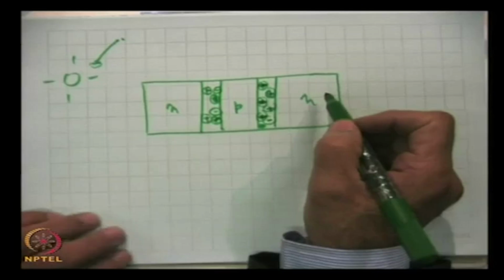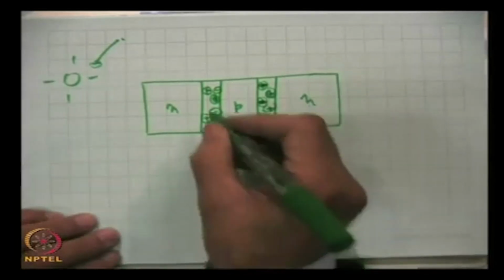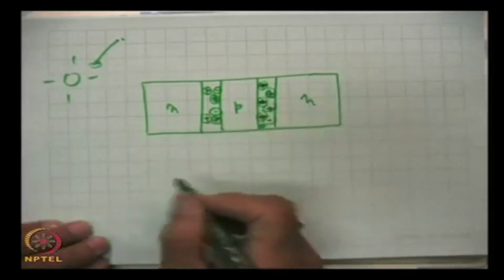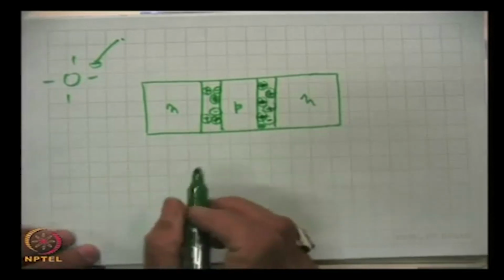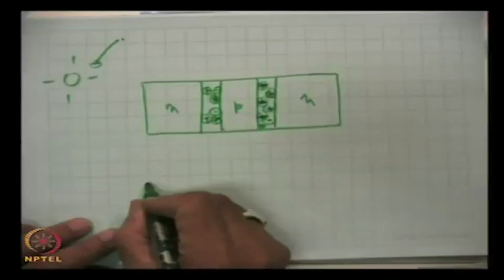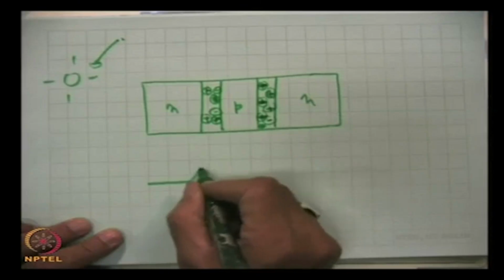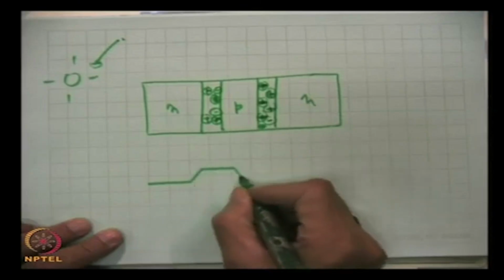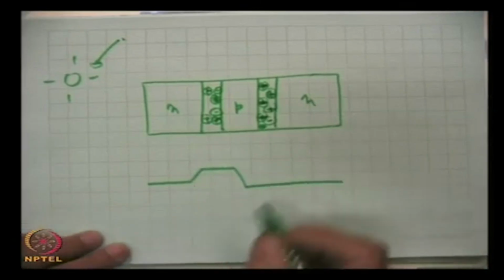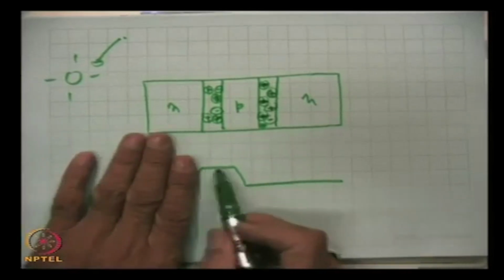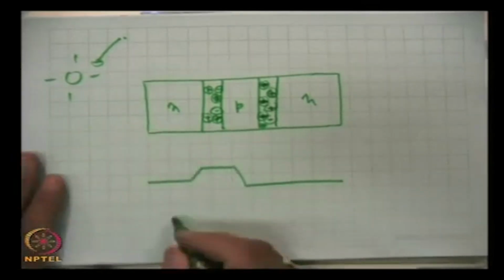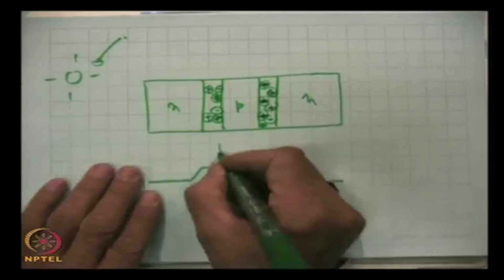So, a potential energy diagram for the transistor can be drawn, and it is like this. This was the potential energy diagram, this was p type.